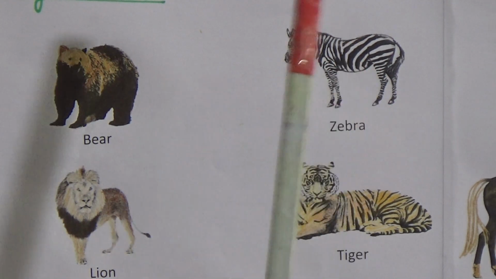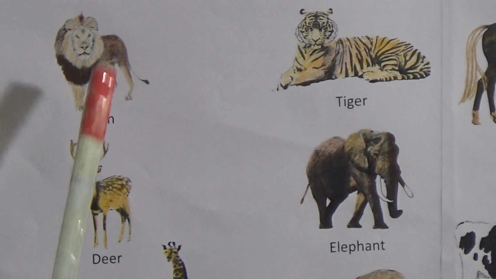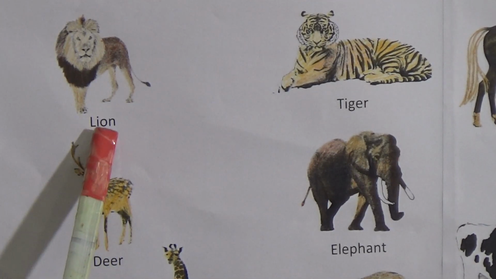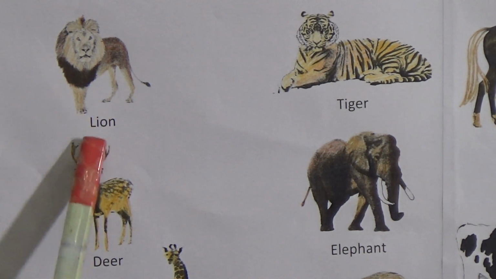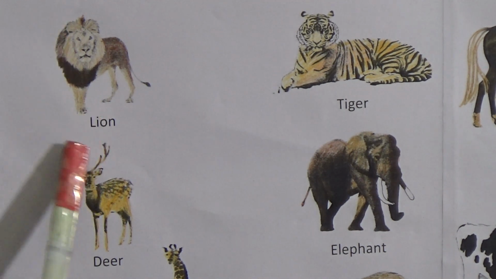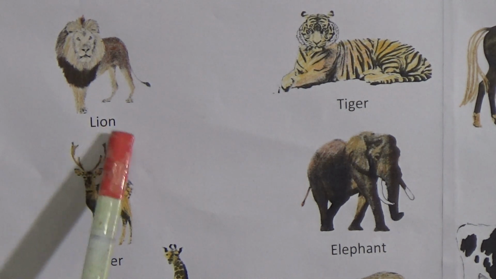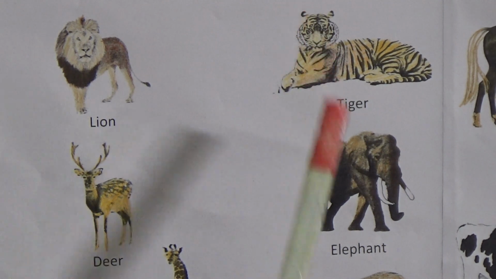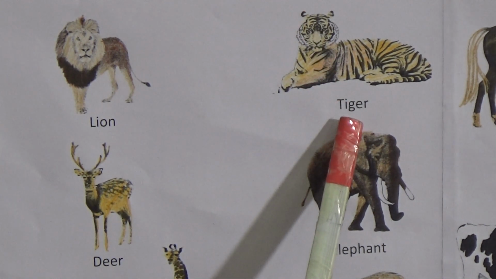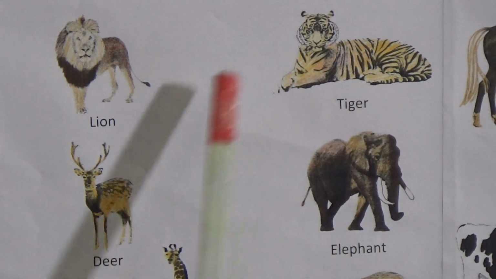Z-E-B-R-A, zebra. And now this one is lion. L-I-O-N, lion. Students, when you are watching this class, you can practice with me when I spell these words.